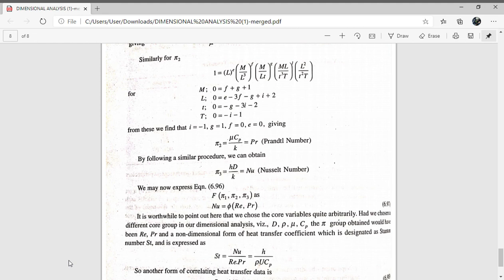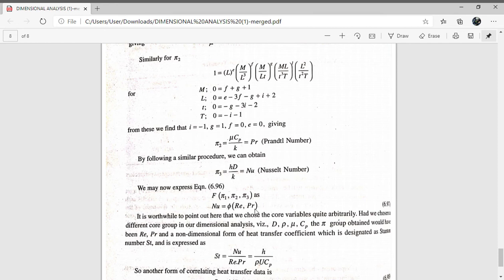Similarly, if we solve the third pi term, pi 3 equal to hd by K, where hd by K equals the Nusselt number. So you can write function of pi 1, pi 2, pi 3 equal to 0, or pi 1 equal to a function of pi 2 and pi 3. That way you can write that the Nusselt number is a function of the Reynolds number and Prandtl number.